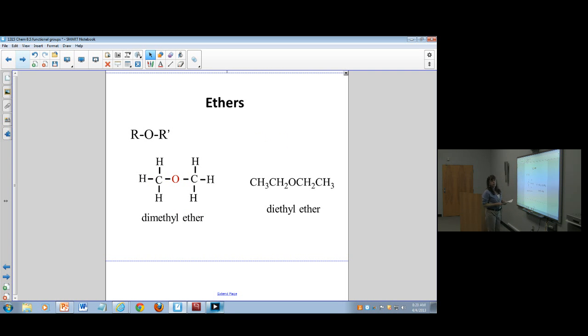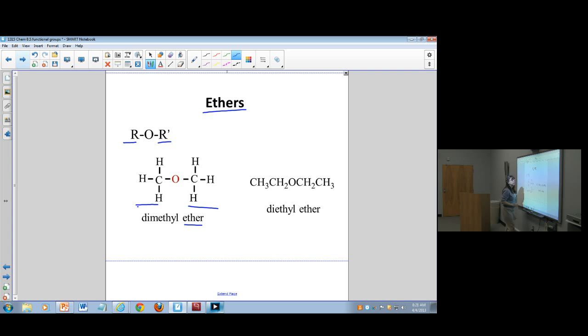Another type of functional group that you should be familiar with are the ethers. Ethers are used as anesthesia and things like that. They smell relatively good, but they're kind of dangerous for you. Let's notice that we have some chain, and in the middle of it is just an oxygen. It's not a carbonyl group. It's just got the oxygen. So, for example, this is called dimethyl ether because in this case it has a methyl group on each side.